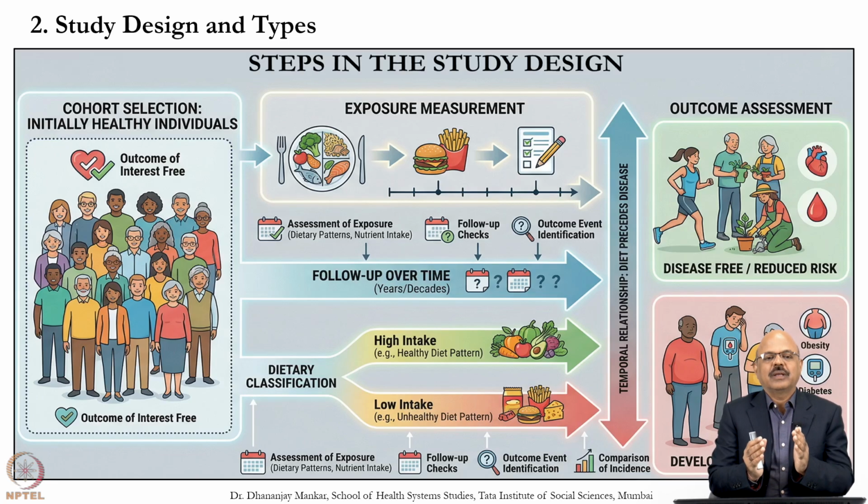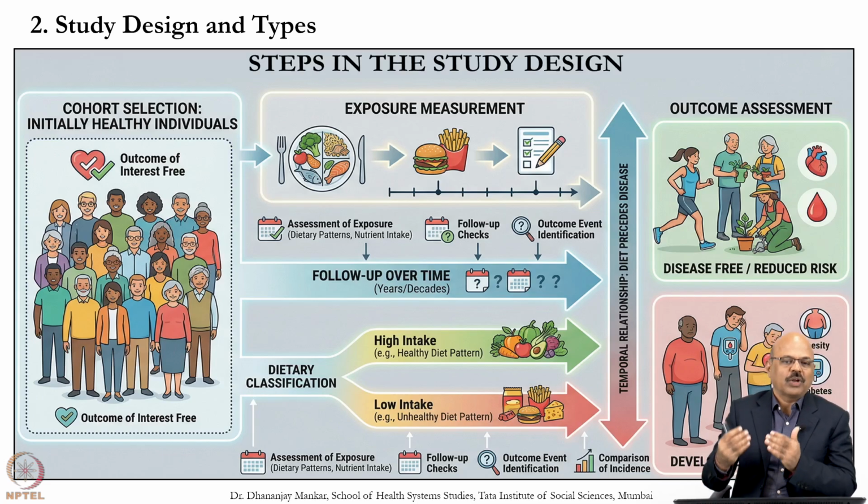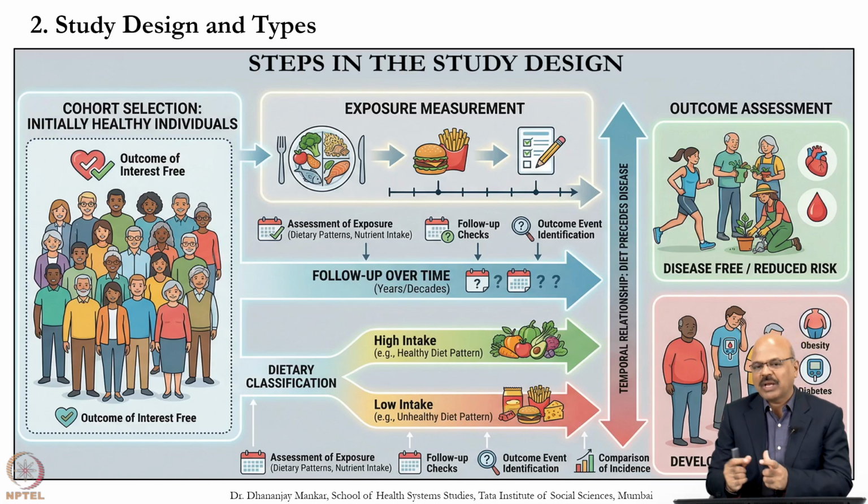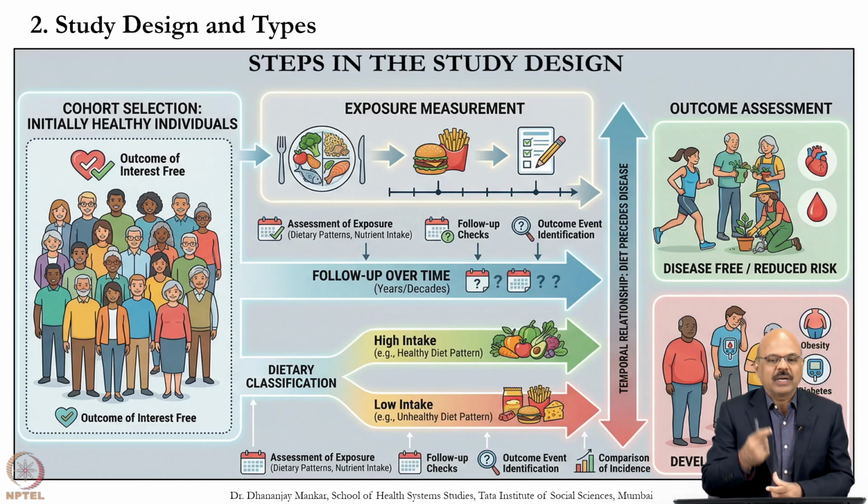The assessment is taken with respect to dietary patterns and nutritional intakes over a period of follow-up, years or decades, with follow-up checkups and outcome event identification, where you get the dietary classification: higher intake of an unhealthy diet pattern versus low intake gives you more disease conditions.